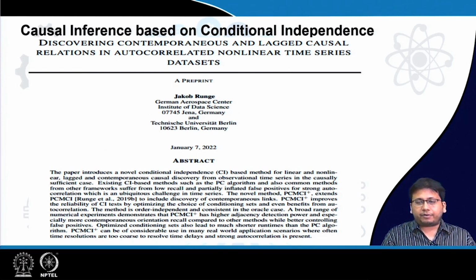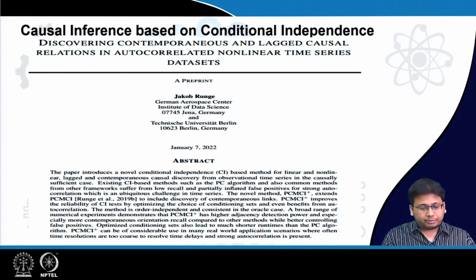Like we have already discussed in the previous lecture about the presence of autocorrelations, in case autocorrelations are strong, we may end up making mistakes in our estimation of the causal relations. The novel method, which they call PCMCI plus, extends PCMCI to include discovery of contemporaneous links.